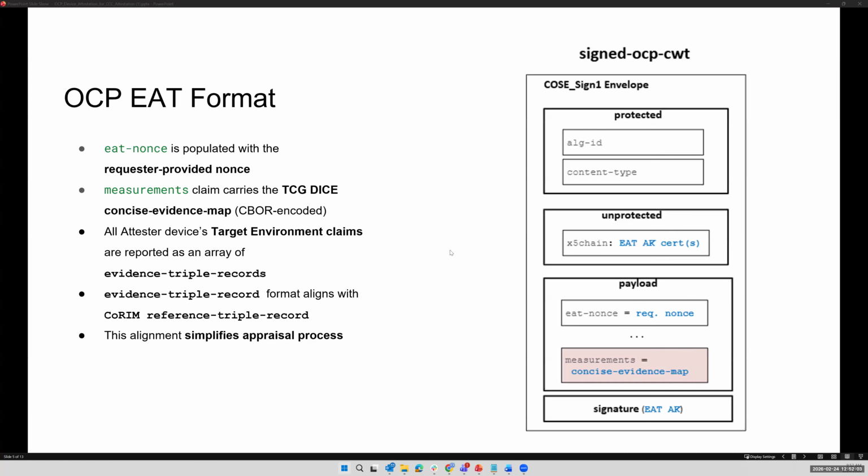I did not show that for simplicity, because optionally, as Fabricio mentioned, this entire cert chain can also be included in the EAT itself, in the x5chain. But if that's not the case, the SPDM requester could always bundle it together and send it to the verifier.